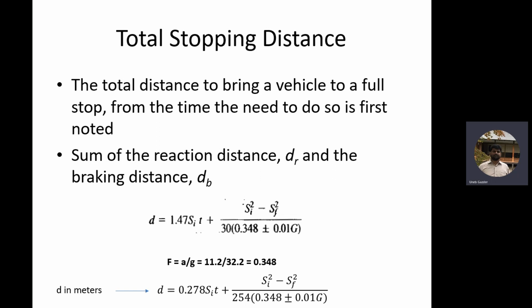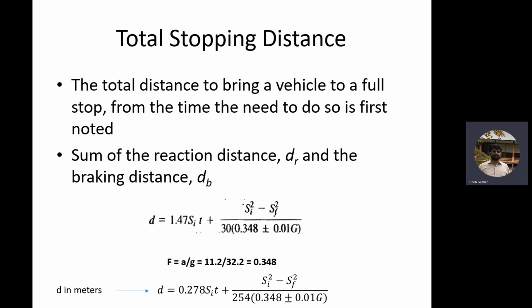Perception reaction distance and the braking distance. It is measured from when you detected, saw the object, till the time you stop completely. This includes the time taken by you as well as the time taken by your vehicle. Clear?